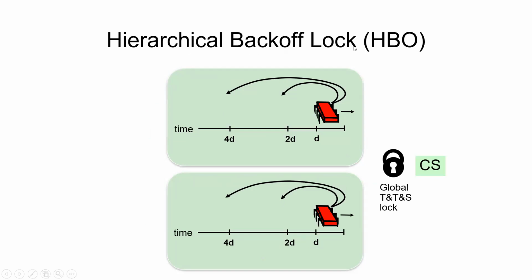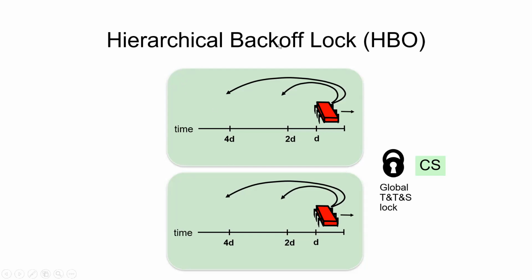In the previous backoff lock, all the threads try to acquire the lock. If it succeeds, the thread enters the critical section. If it fails, we send it back to a waiting period for a certain amount of time. After that waiting period, it retries to acquire the lock. If it fails again, we increase the waiting duration by twice. So this is what is happening.